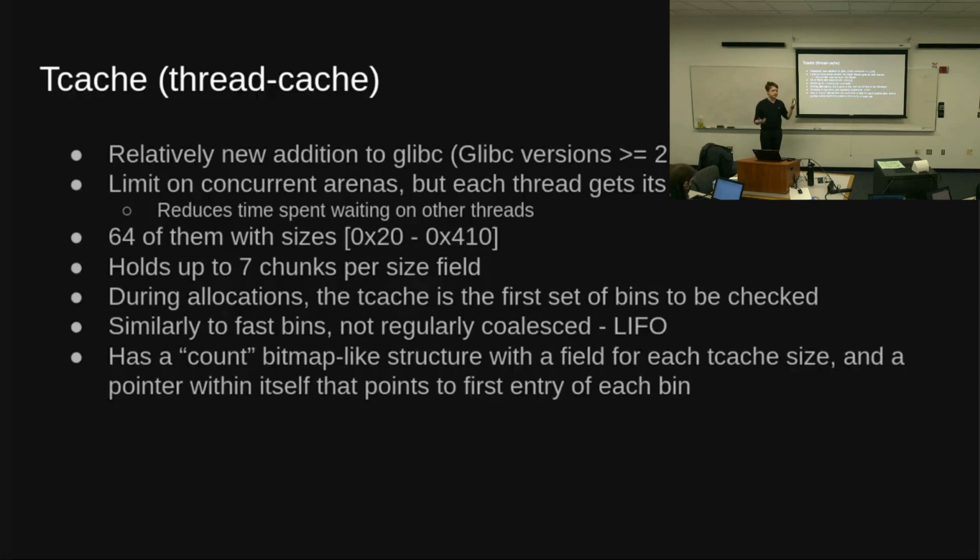If you have many threads, the T-cache is probably going to be the fastest, because the small bins, the fast bins, all of these are based on the arena, so you might need locks to be safe from concurrency bugs. Similar to the fast bins, these are also not regularly coalesced. Let's pull up a demo binary for this.